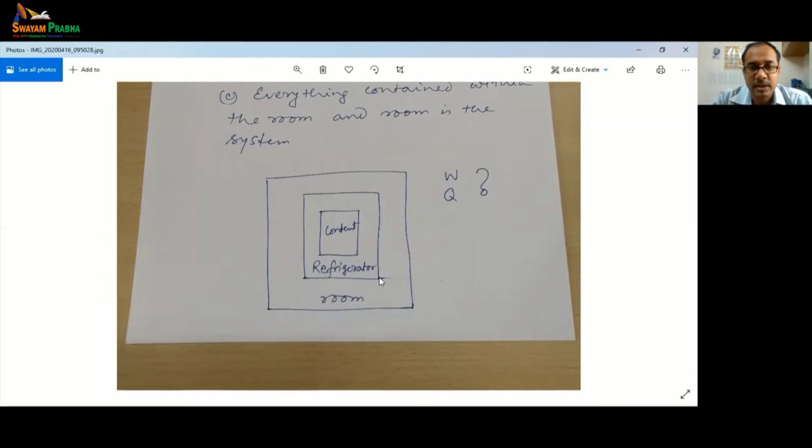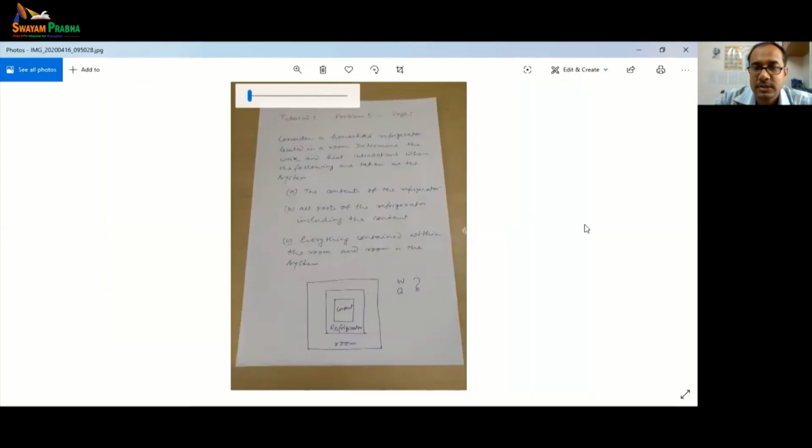And the room which contains the refrigerator is the third case, where we are defining our system to be the room. Now you have to find out what are the work and heat interactions for each of these cases. Basically it's a conceptual problem, not a numerical problem. Let's see how to understand this.